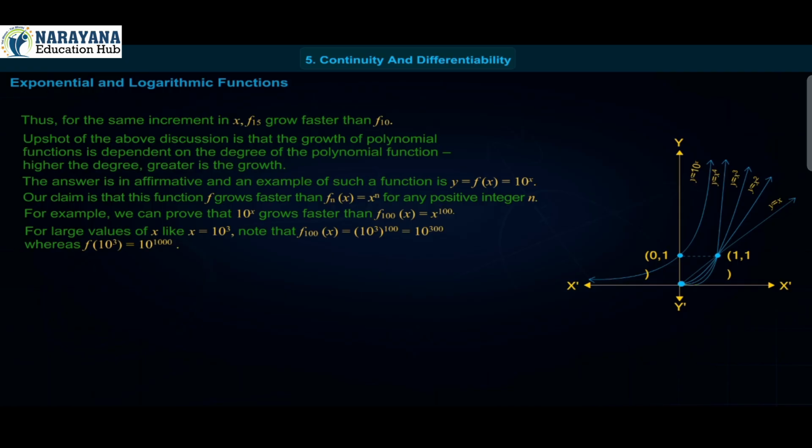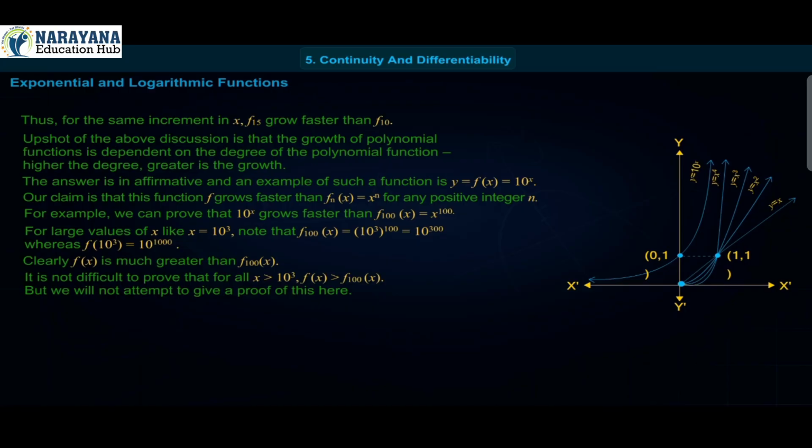is equal to (10 cube) whole raised to 100, is equal to 10 raised to 300, whereas f of 10 cube is equal to 10 raised to 1000. Clearly, f of x is much greater than f100 of x.